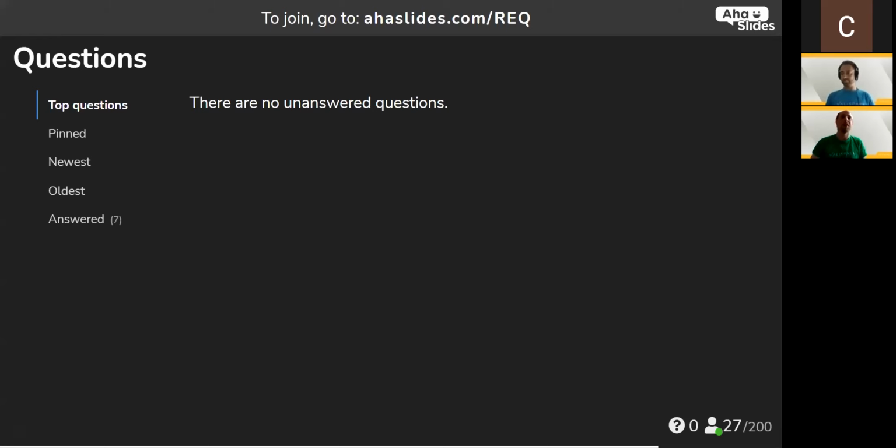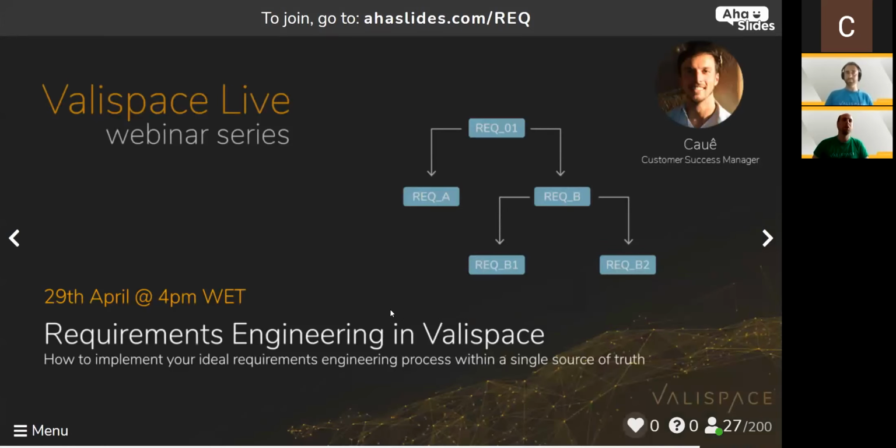There are a million ways of doing it, and tomorrow we're going to show how this is done with Valispace. But the most important part is, don't burden yourself when you're developing complex hardware with the additional problem of setting up the process and tooling. That's just my general piece of advice.